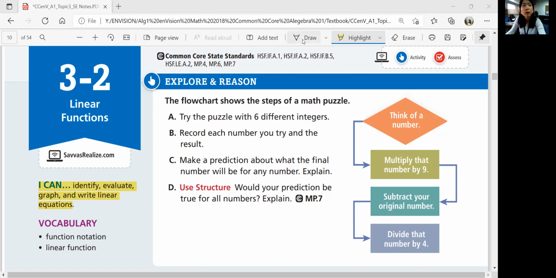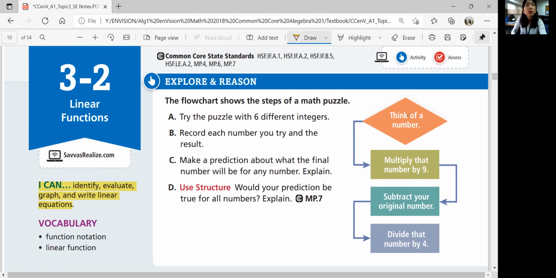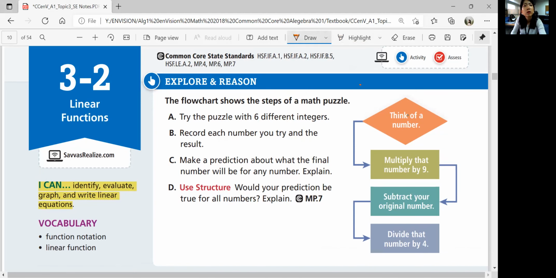So let's record some of your thoughts. Record your integers. So if you think of a number 2, you multiply that number by 9, and then you subtract your original number, and then you divide this whole thing by 4.